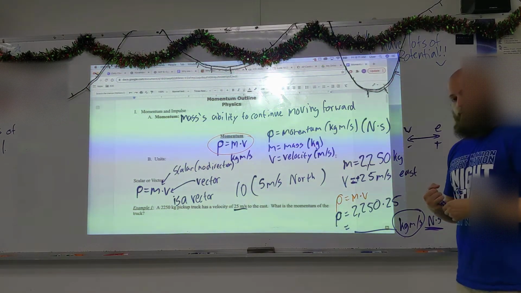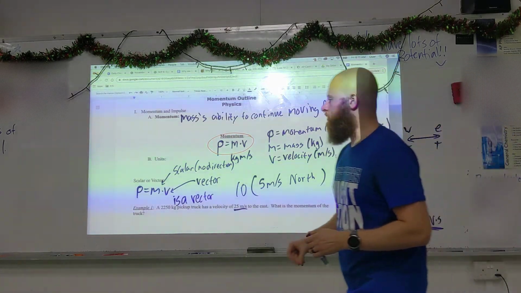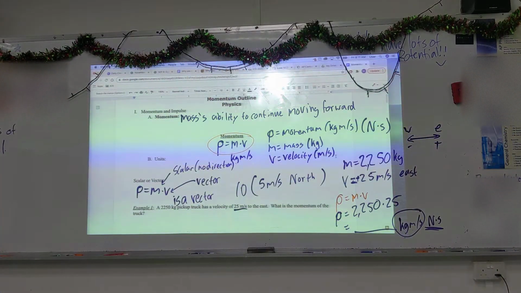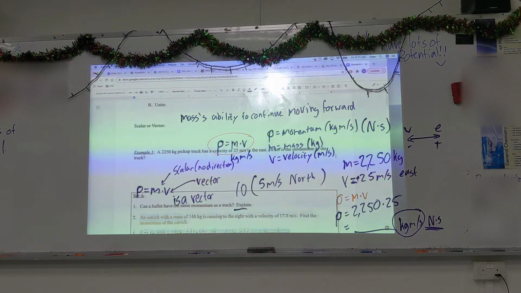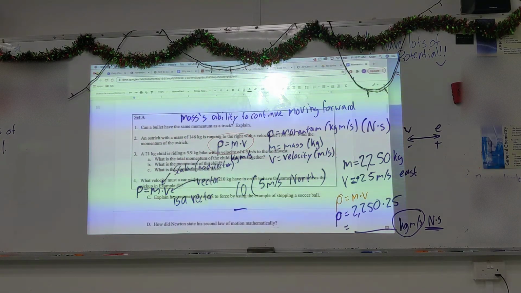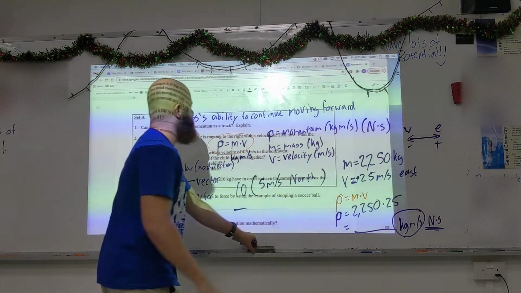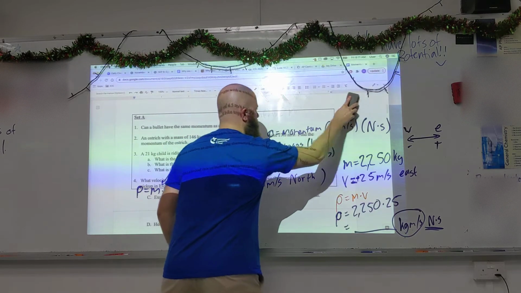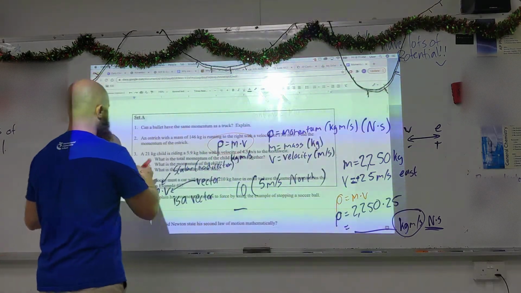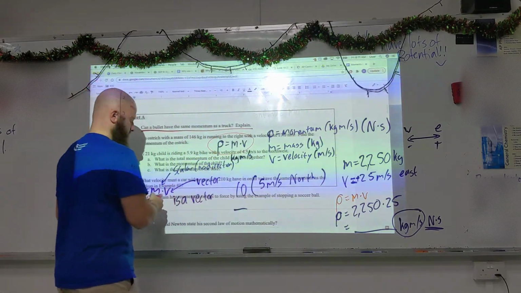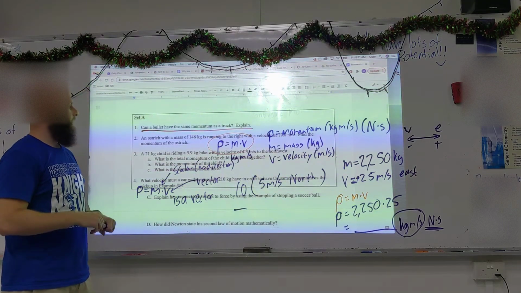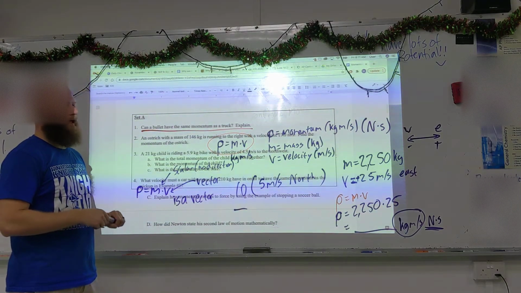Now, what I want you to do is go ahead and look at that first problem. So let me scroll up to the first problem from set A, which says: can a bullet have the same momentum as a truck?